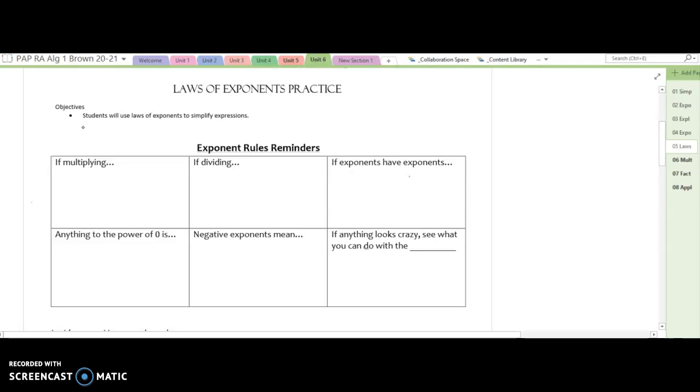But first, I want to remind you about those rules. When we are multiplying exponents, we keep the base and we add the exponents.